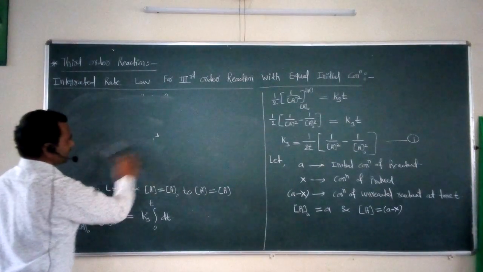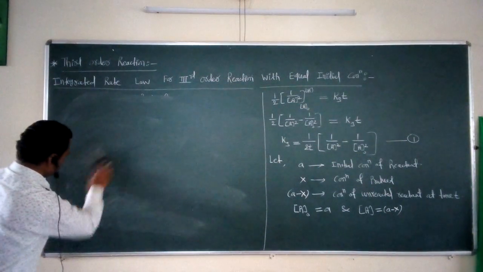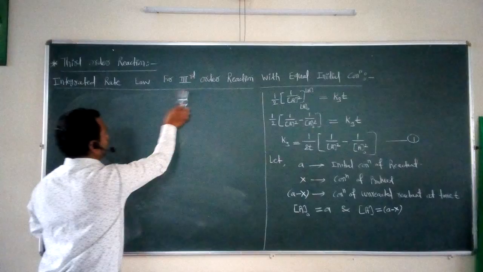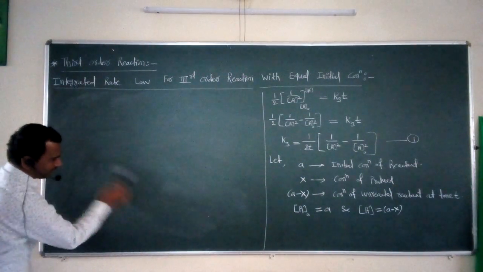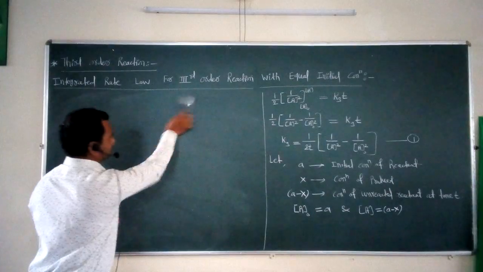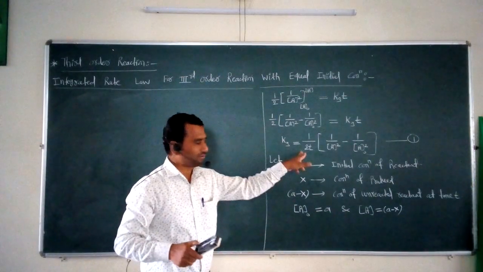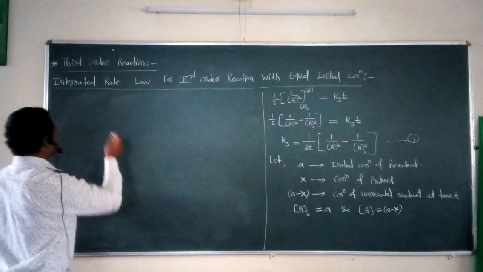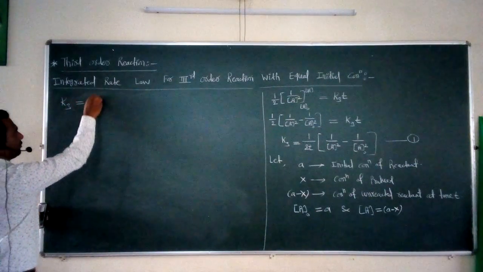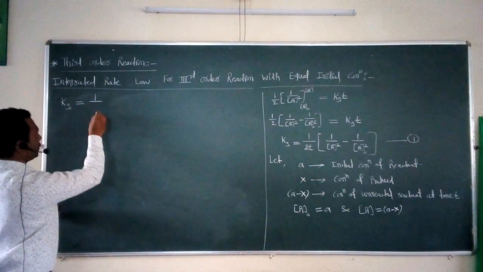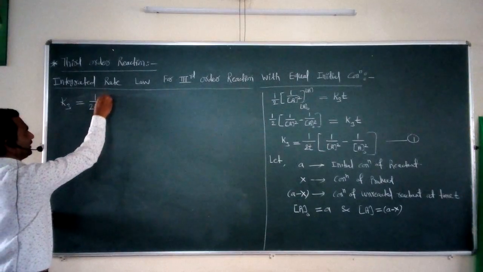After substituting these values, you will get the next equation as K3 is equal to 1 upon 2 into small t, in the bracket.